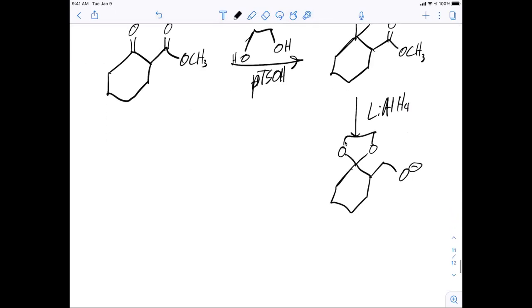Okay, we could get the anion, right? But then in the last step, we're going to add acid and water, and the acid and water will remove the protecting group and protonate the alkoxide.